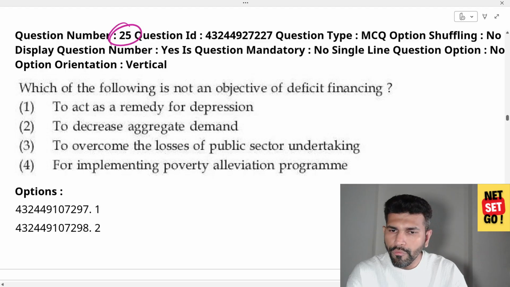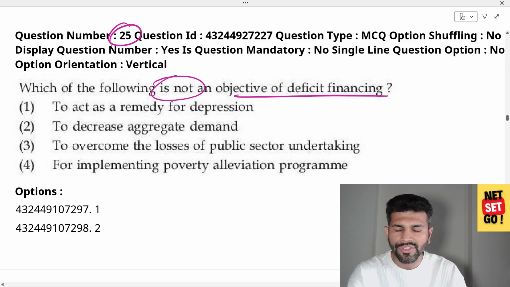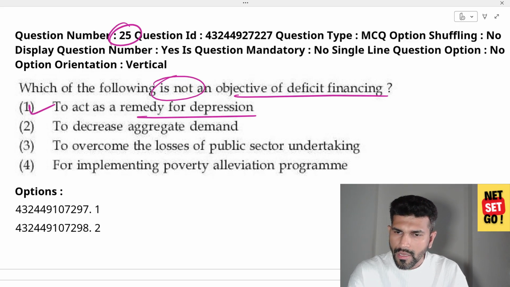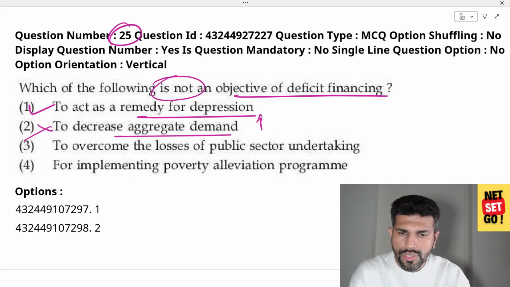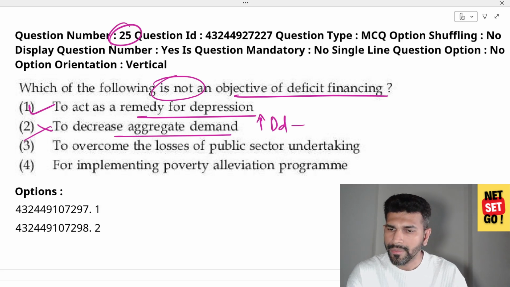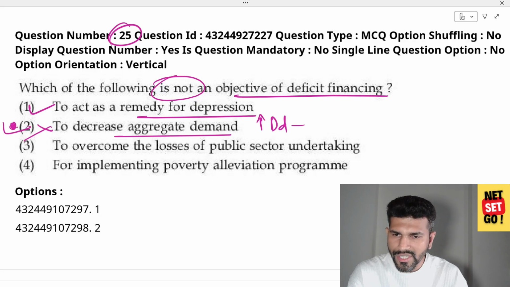Next, which of the following is not an objective of deficit financing? To act as a remedy for depression, correct. Decrease aggregate demand? No. Deficit financing is used to boost demand, increase the demand, and stimulate the economy. So option 2 is not the objective. Option 2 is the correct answer. Let's check others.